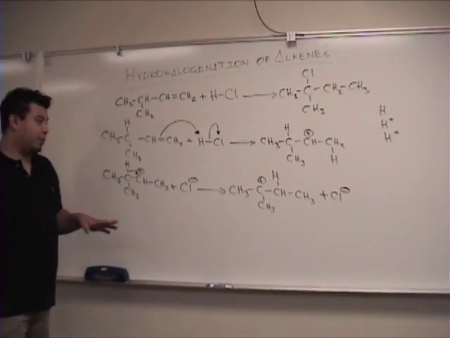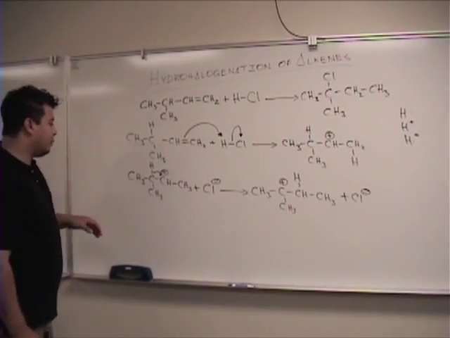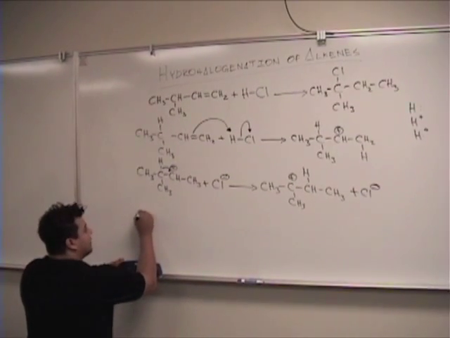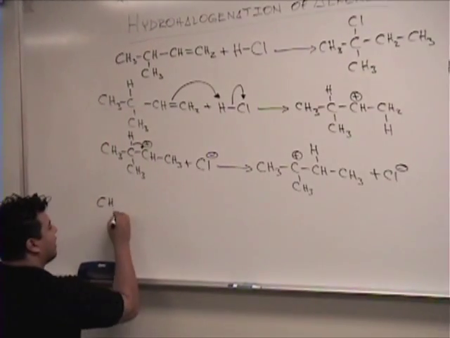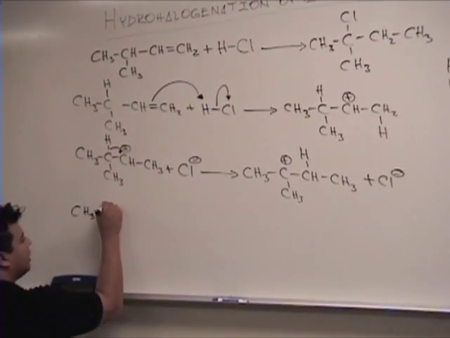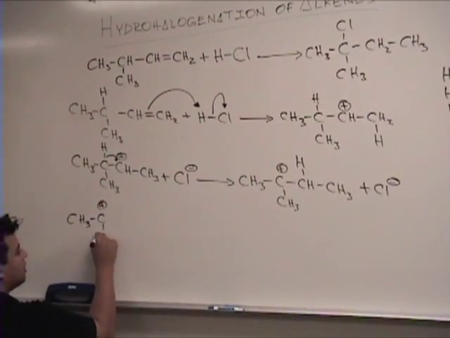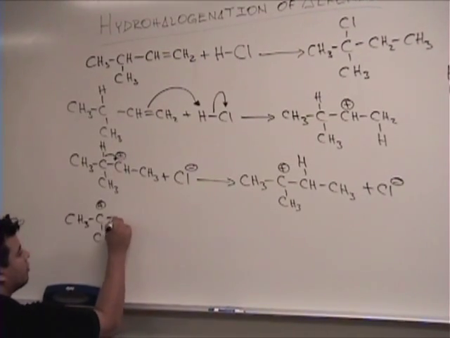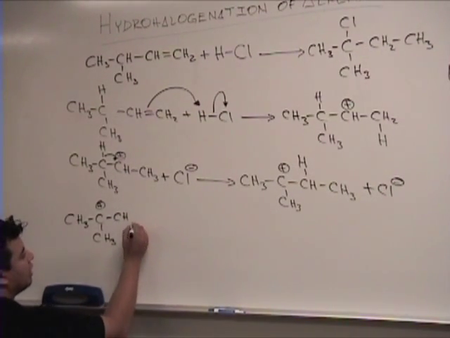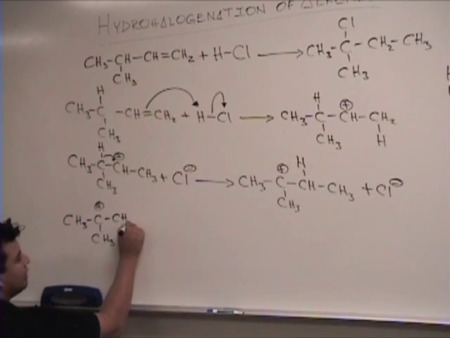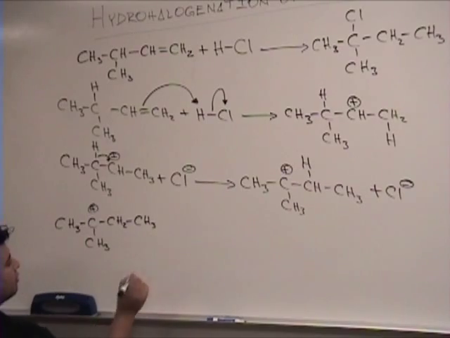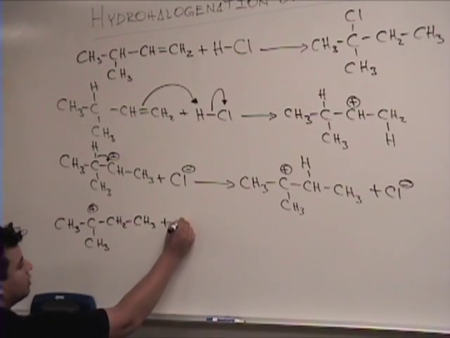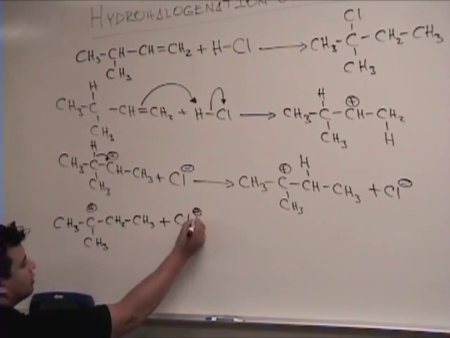Now the last step for this addition is going to be the CH3. We're going to copy that right there. C, CH3, CH. Let me write the H as H2 and CH3 plus the Cl minus.